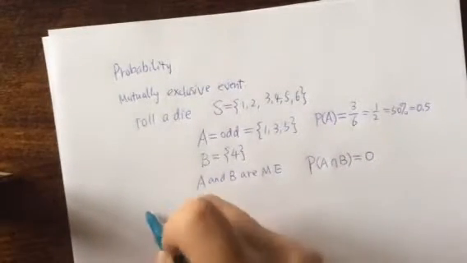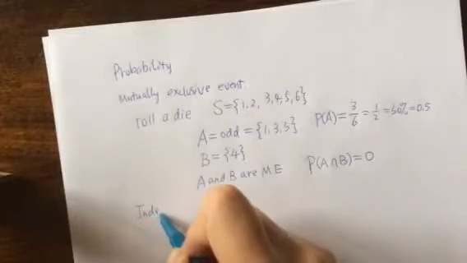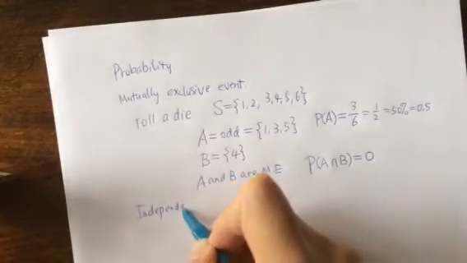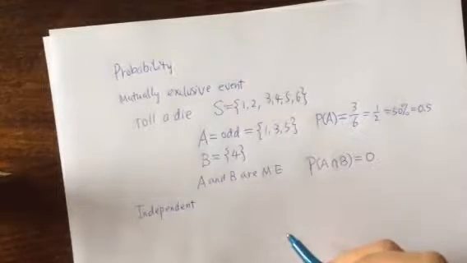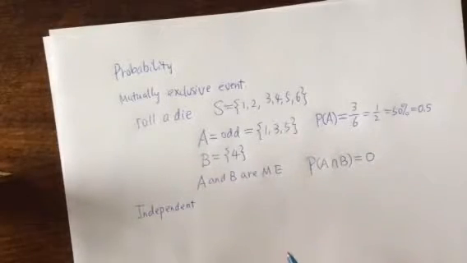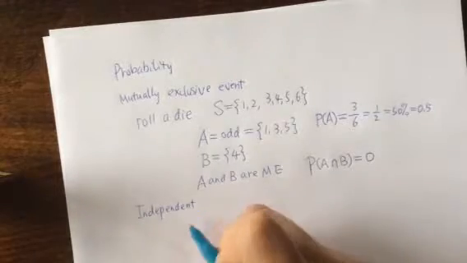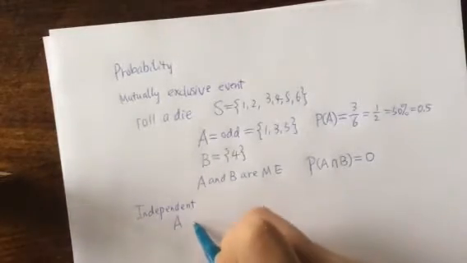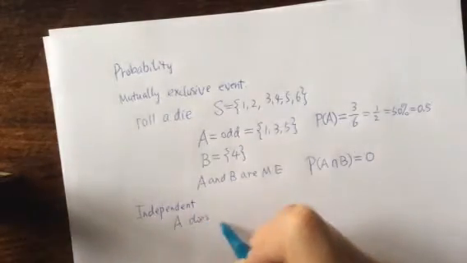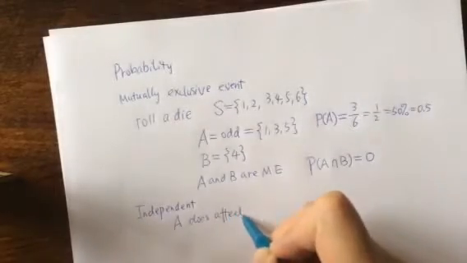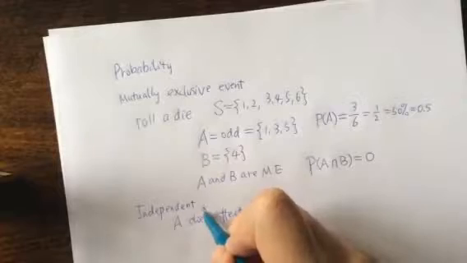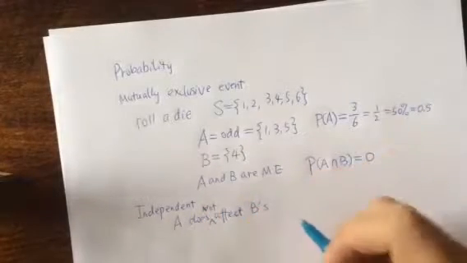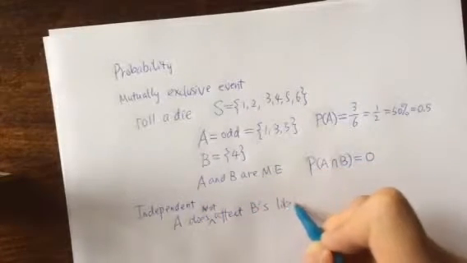Another important concept is independent. What do we mean by independent? Independent is when, for events A and B, A does not affect B's likelihood.